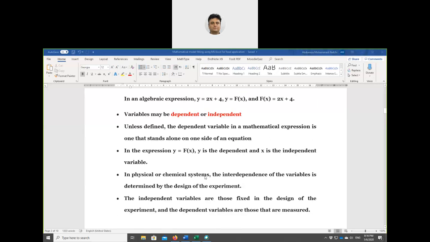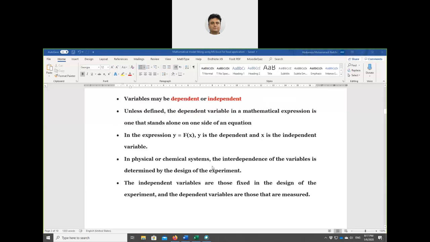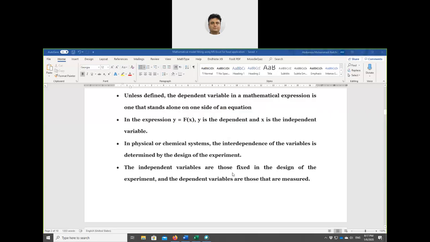In physical or chemical systems, the interdependence of the variables is determined by the design of the experiment. When we design the experiment, we must show which variable we want to change and which variable we want to measure. The variable we are measuring is dependent; the variable we are changing is independent. The independent variables are those fixed during the design of the experiment.